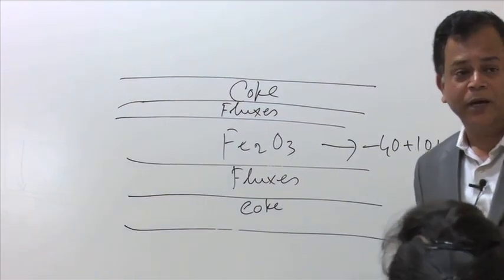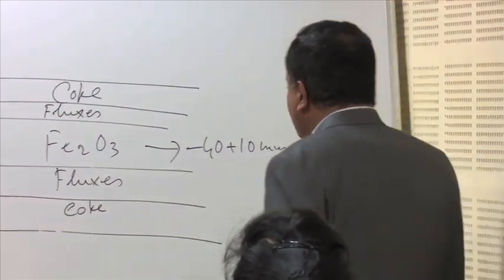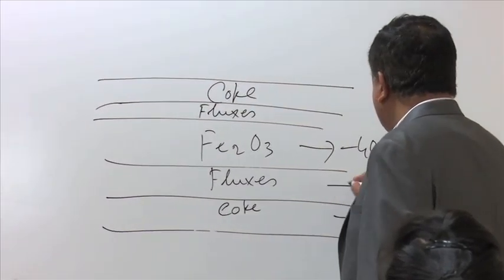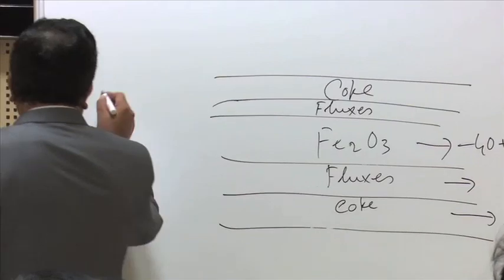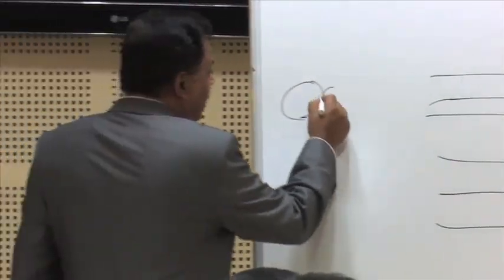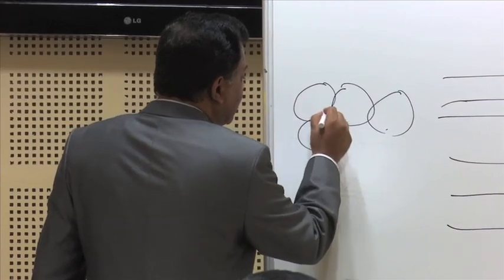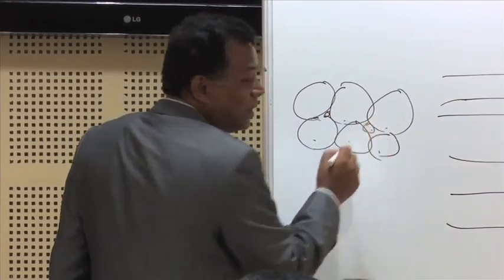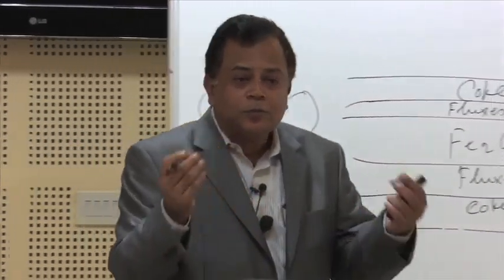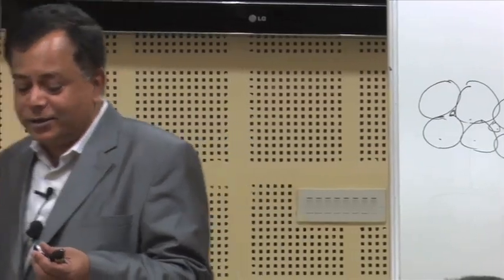There is some compromise now, minus 30 plus 8 or something like that. Coke and all the fluxes are also of similar sizes, because when I have bigger spherical particles, there are some holes, some bed porosities in between, but these pore sizes will be very small if I have very fine particles.